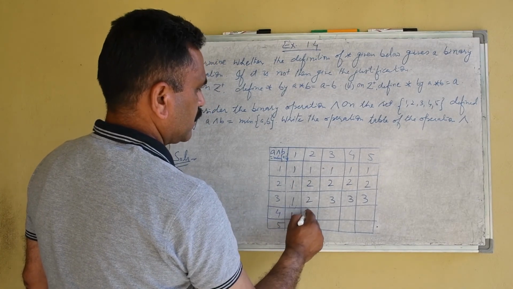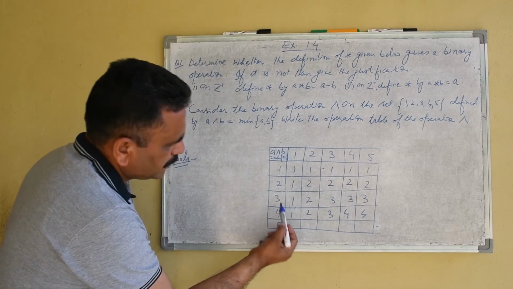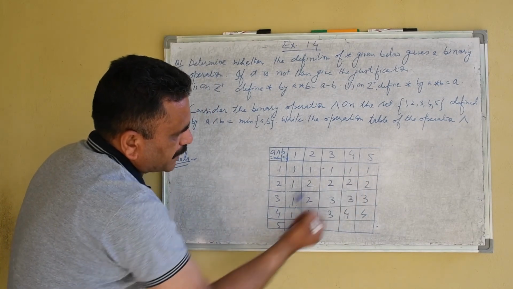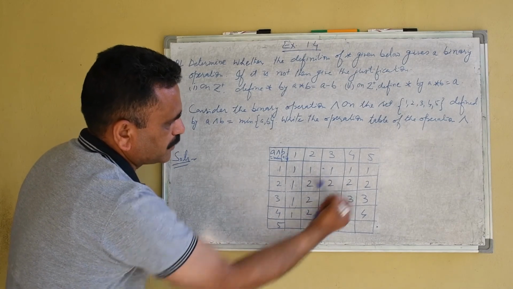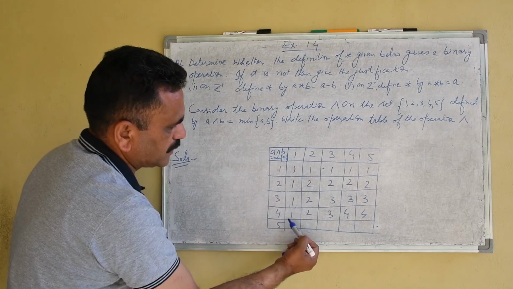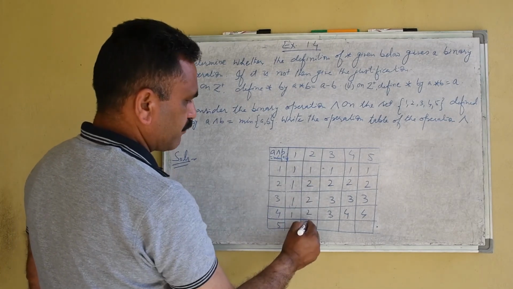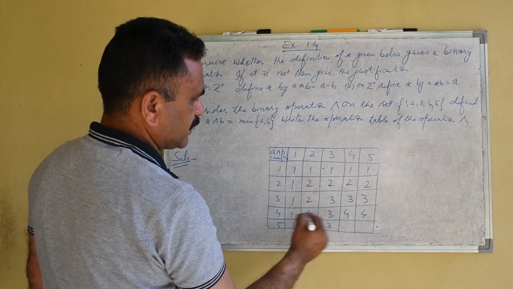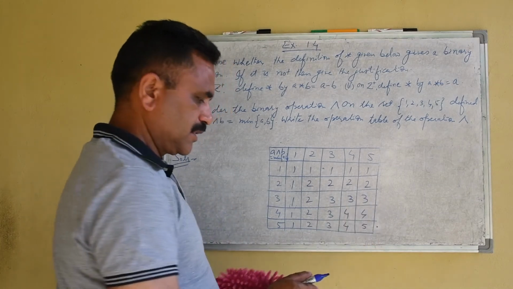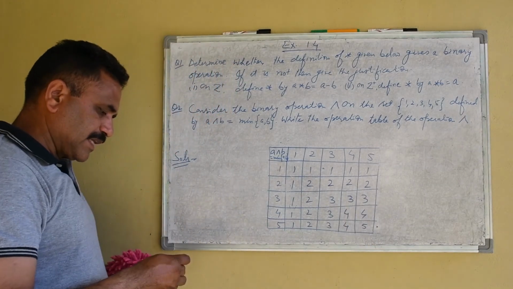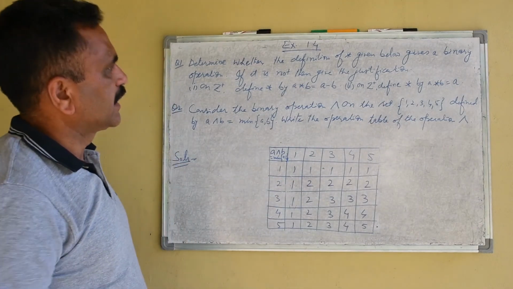Then 4: operating 4 with 4, the minimum value is 4; 4 with 3, the minimum value is 3; 4 with 2, it is 2; 4 with 1, it is 1. Similarly, 5 and 1, the minimum is 1; 5 and 2, 2; 5 and 3, 3; 5 and 4, 4; 5 and 5, 5. So this is the required operation table for the binary operation cap.